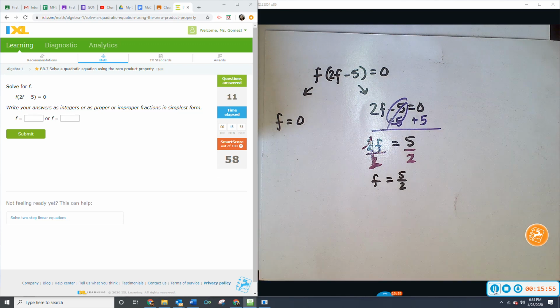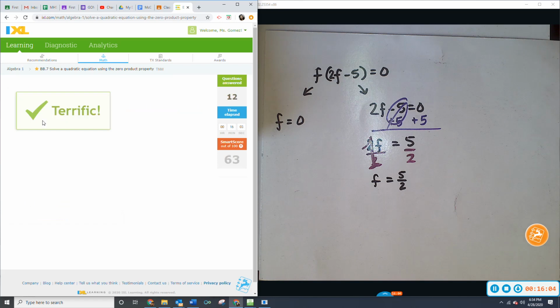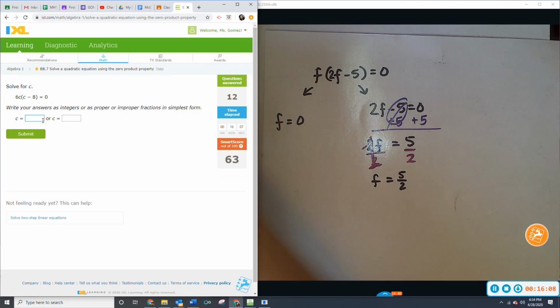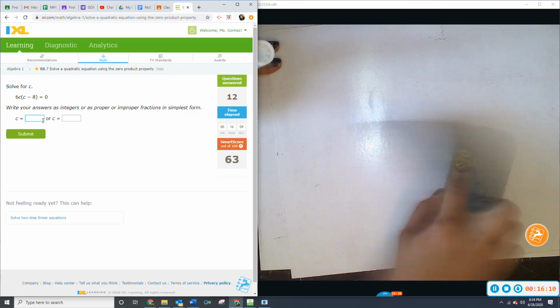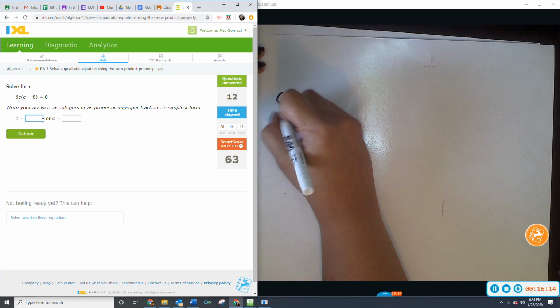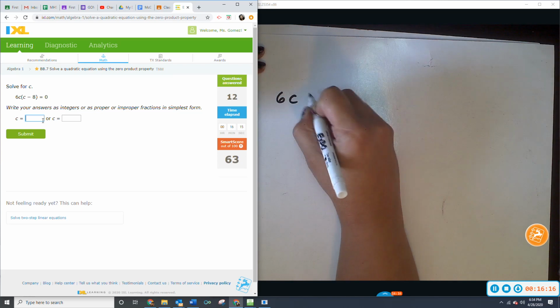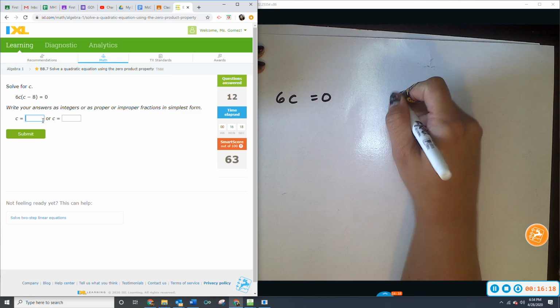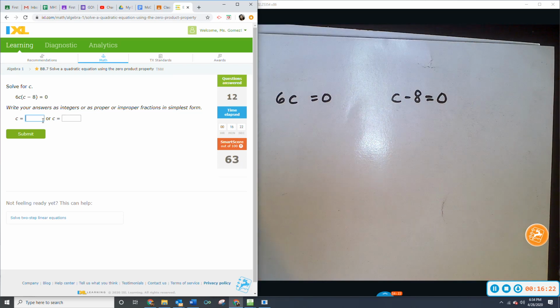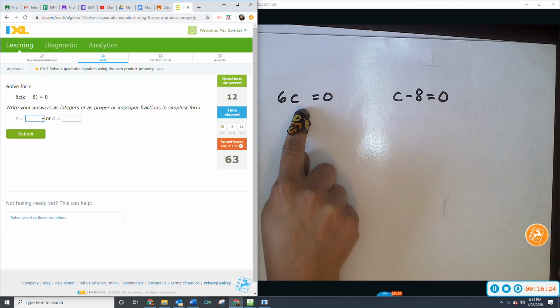Okay, so put that in here. 5 halves and 0. Perfect. Now, this one again, not difficult, just a little different. So I'm going to write this out as 6c is my first factor, it's equal to 0. My second factor is c minus 8 is equal to 0. Now here I don't have a constant, all I have is a coefficient.